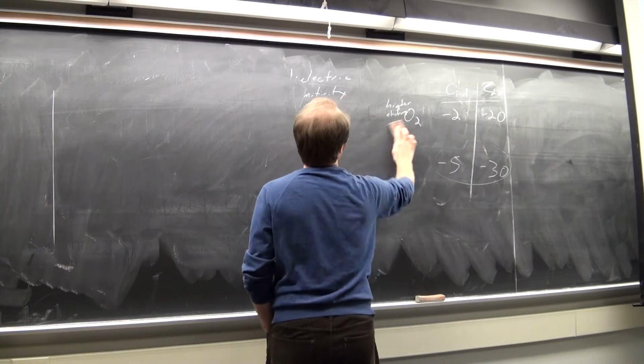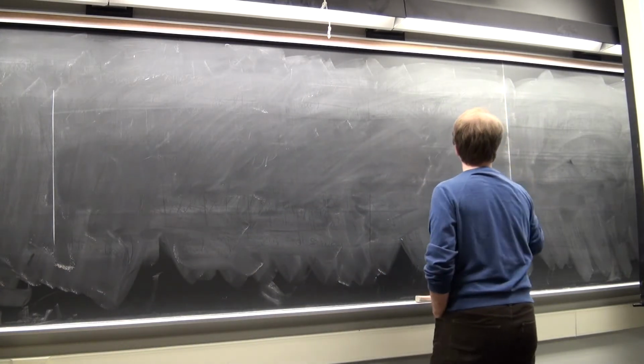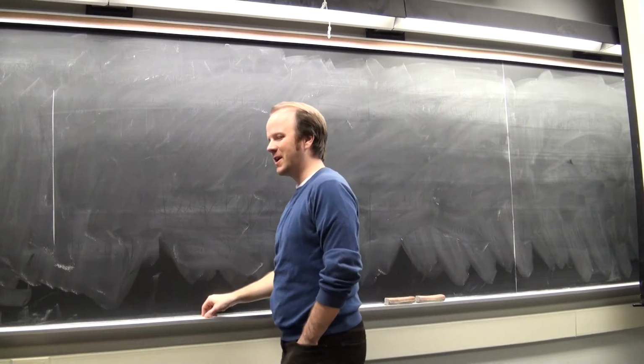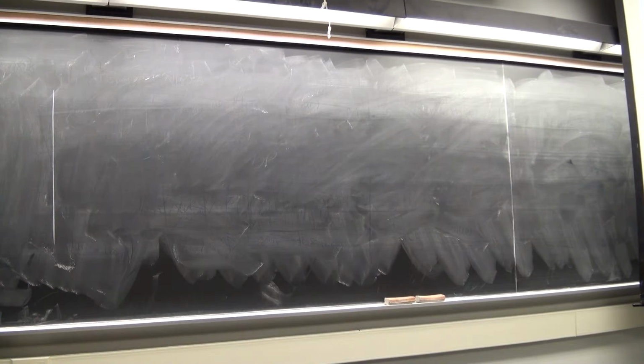Yeah, so when we talk about higher or lower, we really need to quantify whether we mean more negative or more positive. You could say lower is more negative, right? Or lower is lower in magnitude. So there's two different ways to talk about that. So let's just talk about more negative.